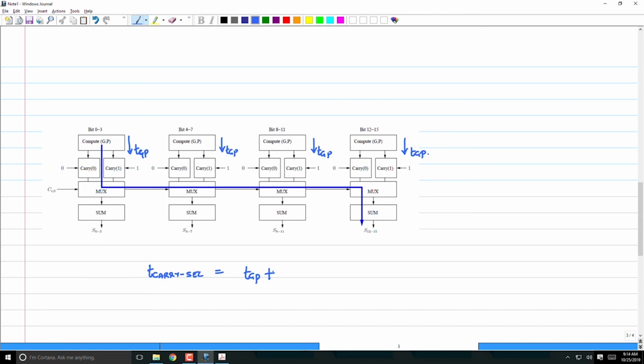what about the first stage? Do you have to wait for it to ripple through that or not? See, till now, up to this point, we have only generated the GP signals.